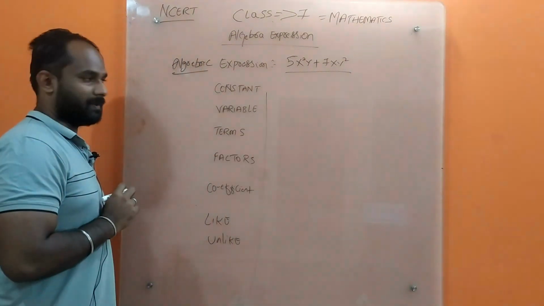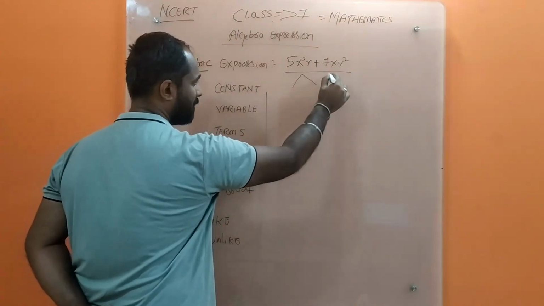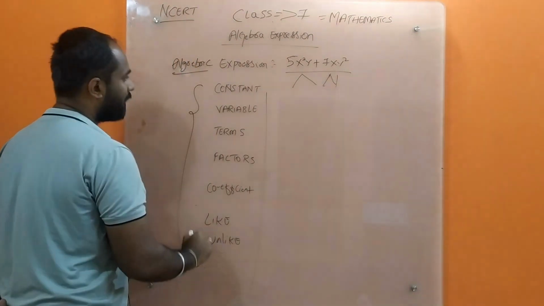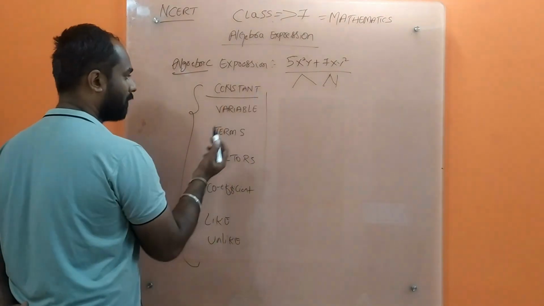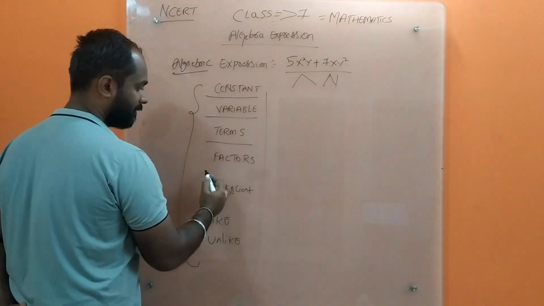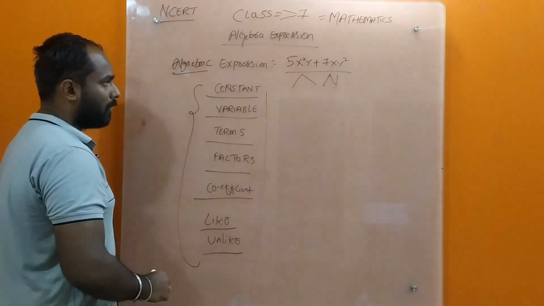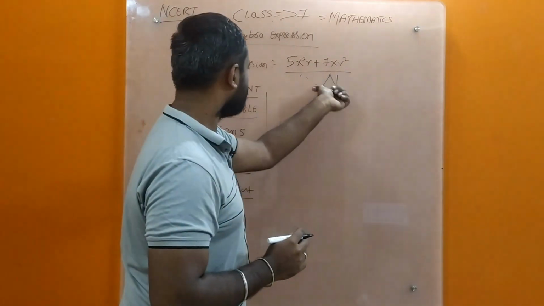There are multiple aspects involved in this expression, and all of this combined we can call an algebraic expression. It includes constant, variable, terms, factors, coefficient, like and unlike terms. So we can split this into multiple aspects.